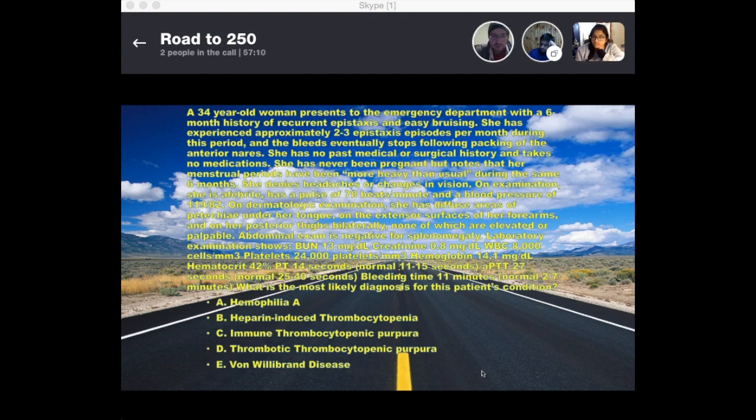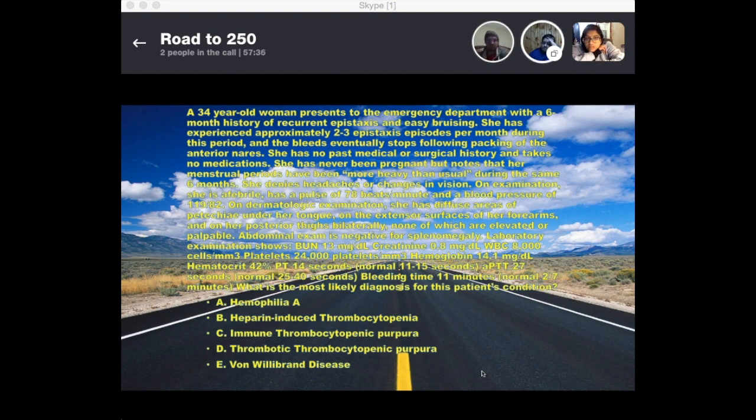Lab exam shows a BUN of 13, creatinine 0.8, white blood cells 8,000, platelets 24,000, hemoglobin 14, hematocrit 42, PT 14, PTT 27, bleeding time 11, and what was the most likely diagnosis?